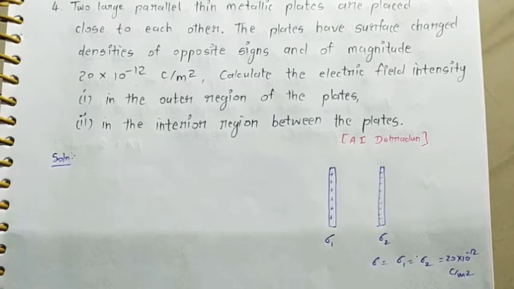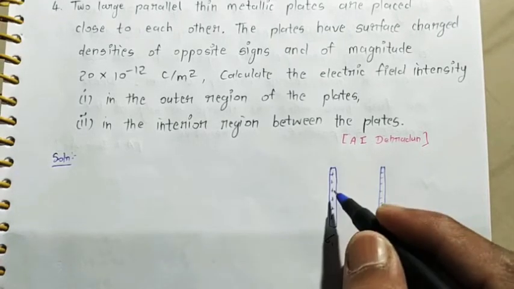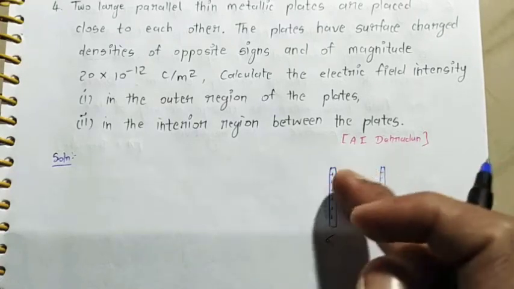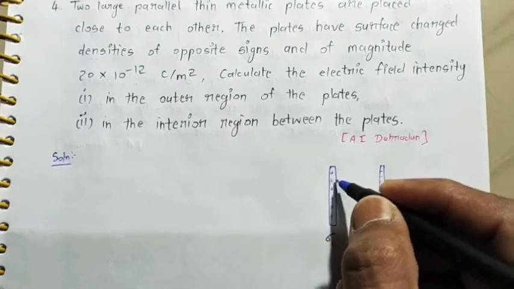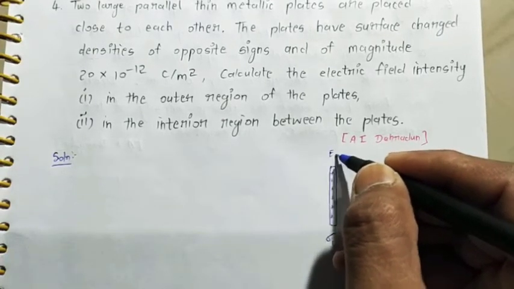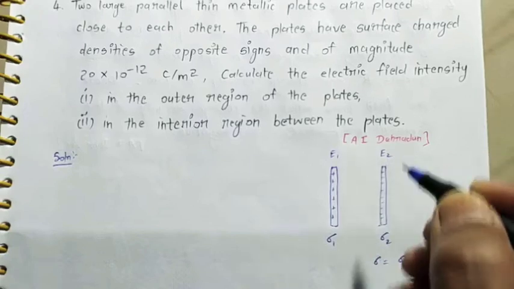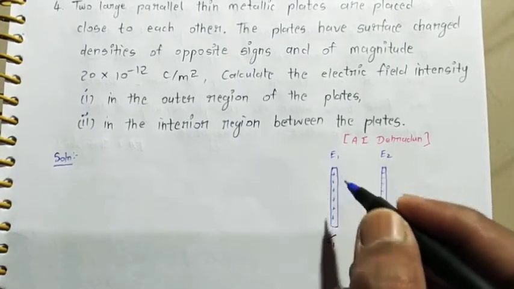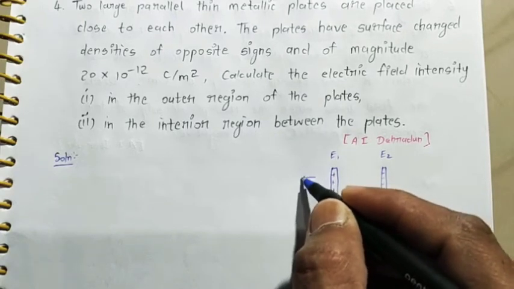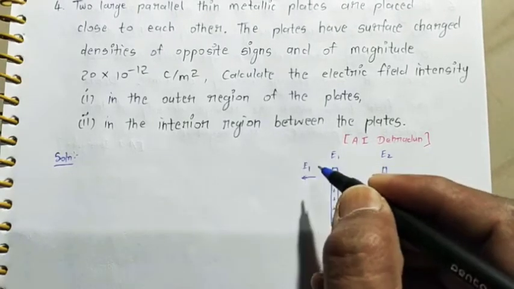First, see here, the directions of the electric field generated by this plate and this plate, we will see separately. We have done it before. If I say the electric field is E1 for this plate and E2 for this one, then the direction of E1 in this region is outward, since the plate is positively charged.